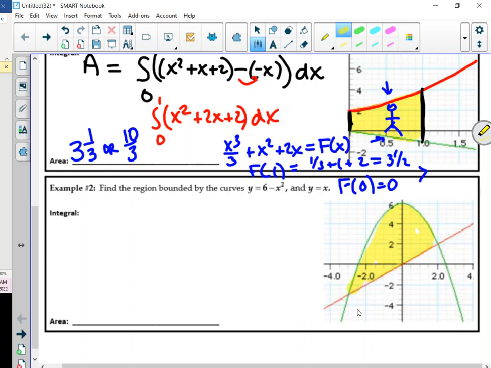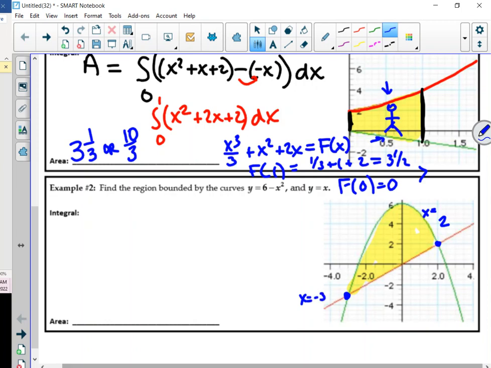Now we've got this graphed in our notes, so we can see the intersections pretty clearly with a nice scale. This appears to be x equals 2, and this appears to be x of negative 3.